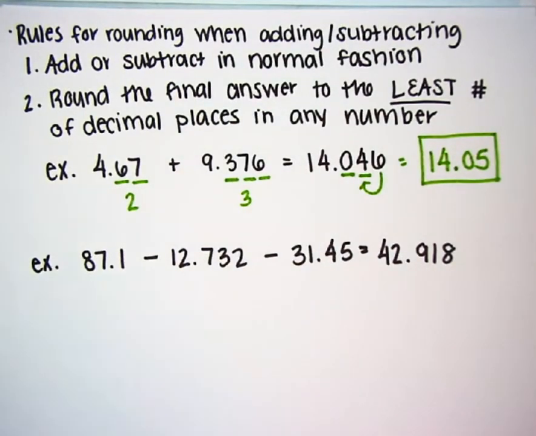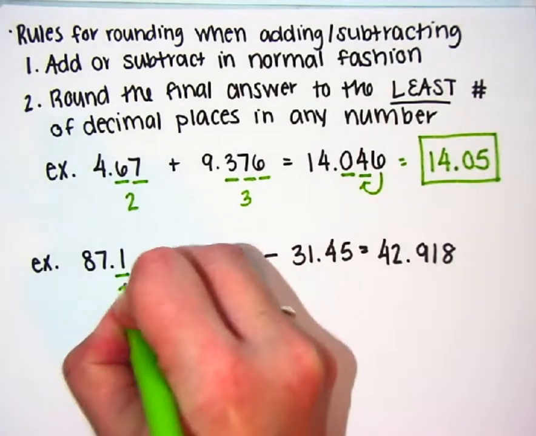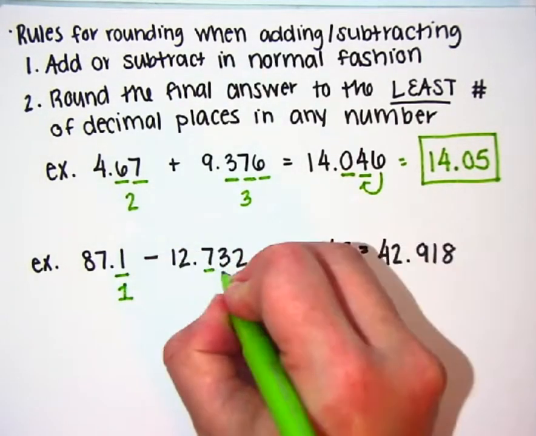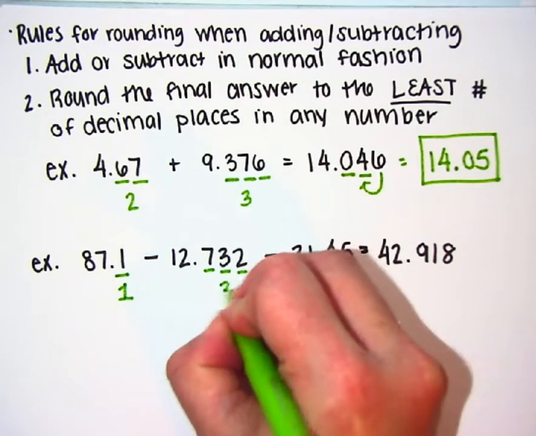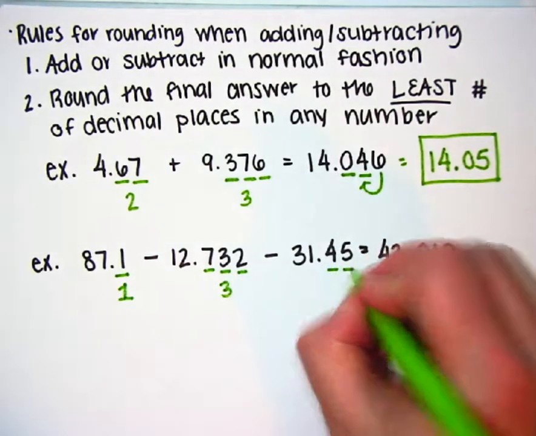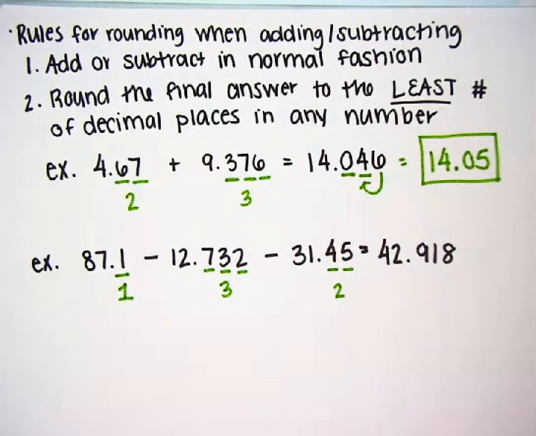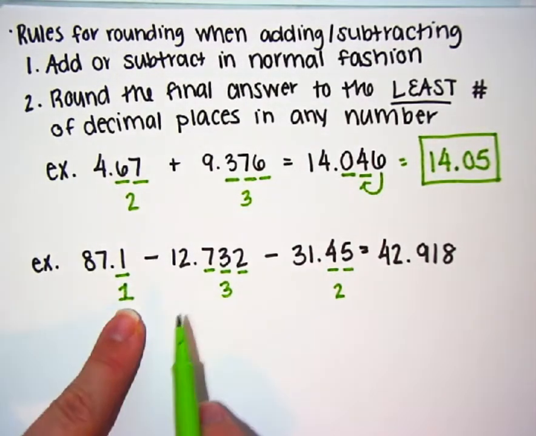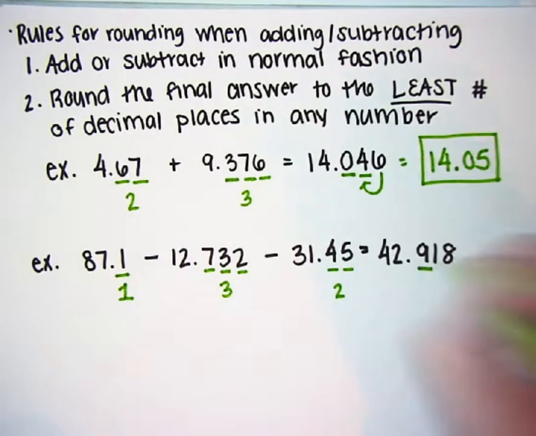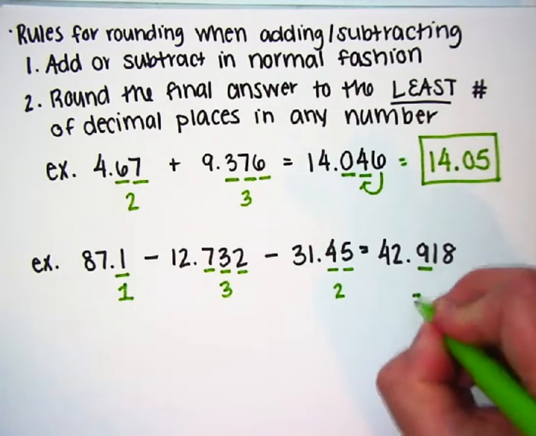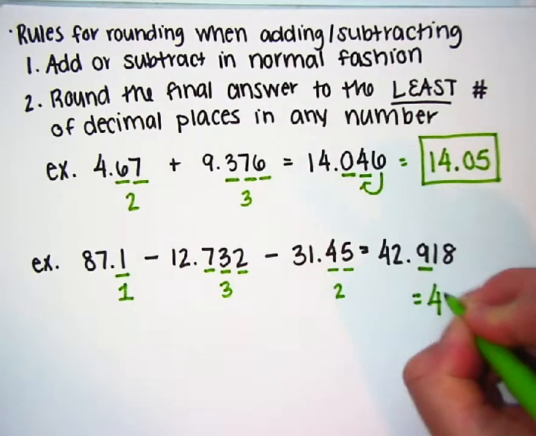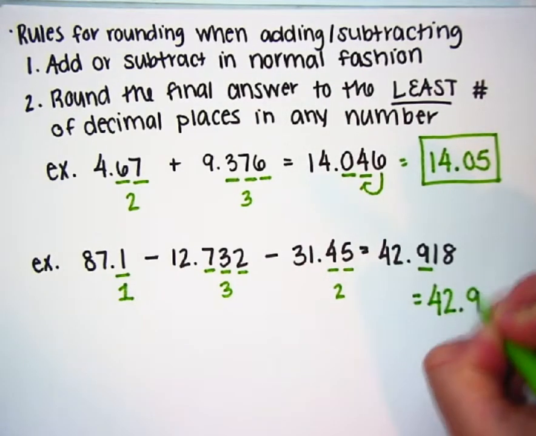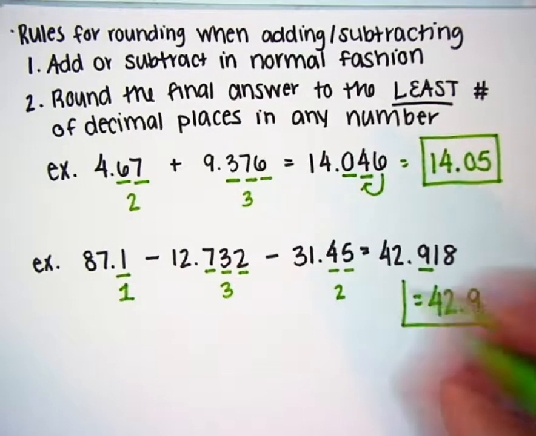So again, we're only counting decimal places. My first number has 1 decimal place. My second number has 3 decimal places. My third number has 2 decimal places. You want to compare every single number. Whichever one has the least number of decimal places determines how many decimal places can be in my final answer. I can only have 1 decimal place, so 42.9.